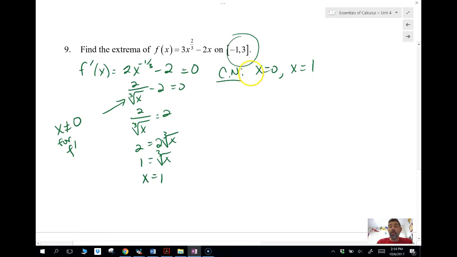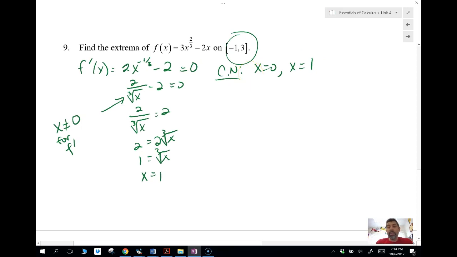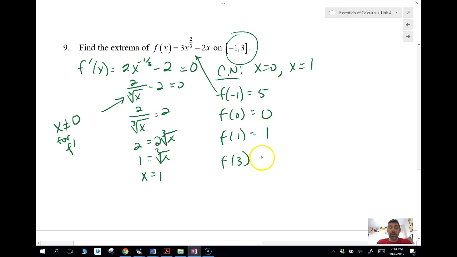So I'm going to test four of these out. I've got to test f of -1, f of 0, f of 1, and f of 3. I'm going to plug those values into my original function, and I'm going to get 5, 0, 1, and 3 cube root of 9 minus 6.